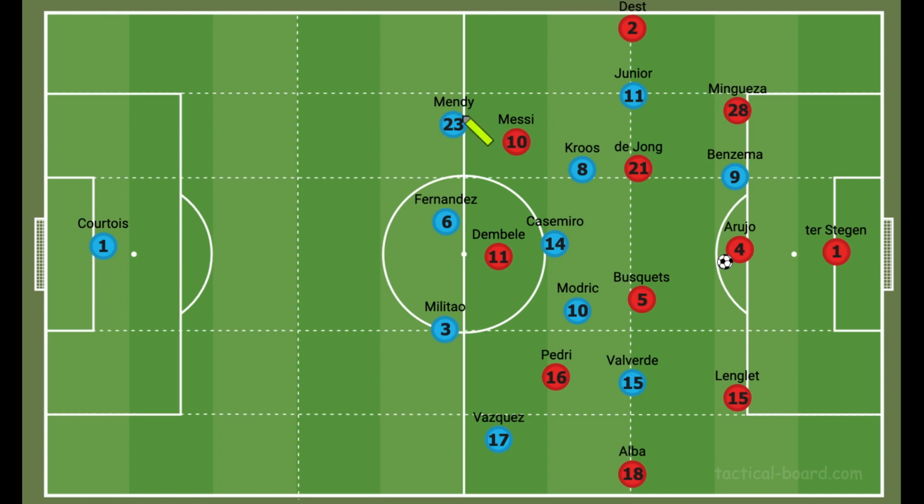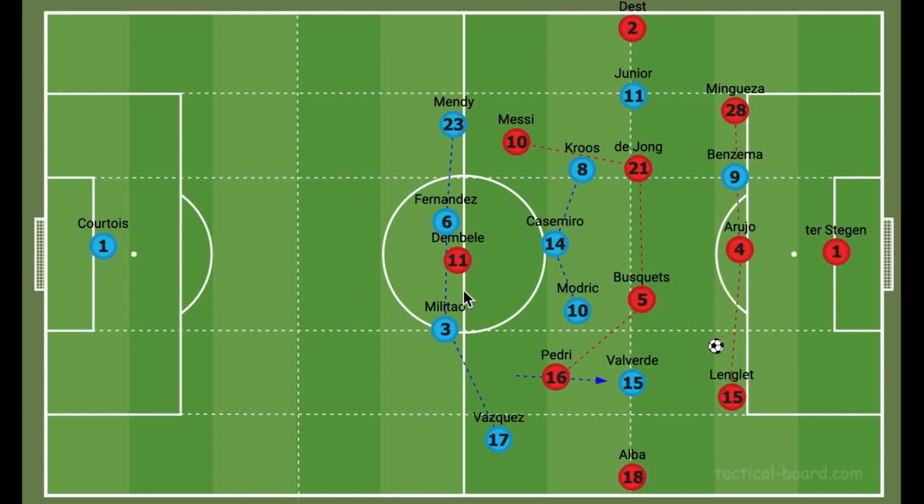But they went with a back 3 or 5 depending on the phase, usually a back 5, with Valverde dropping deeper as a right wing back, Vasquez playing through the right half space and jumping to Pedri between the lines, and using cover shadows from the midfielders as well as man orientation to then control the influence of Messi on the game, and having vertical partnerships on the same line. A vertical line of players in their defensive phase was a huge part of Real Madrid's game plan. So let's start looking at it.